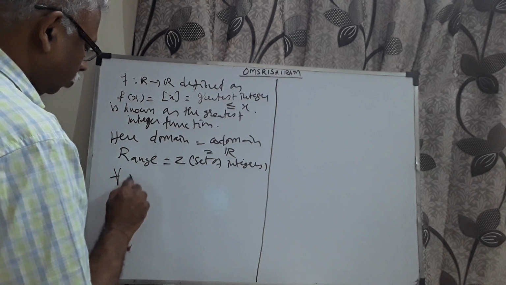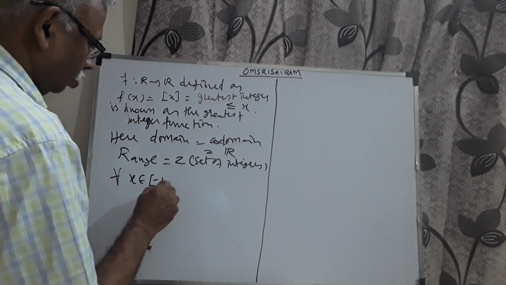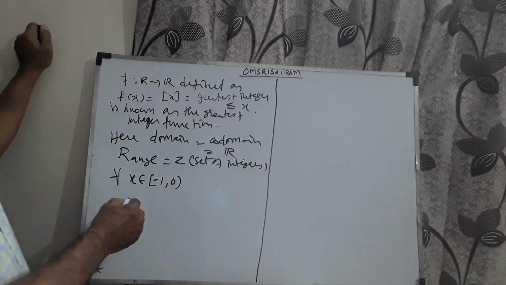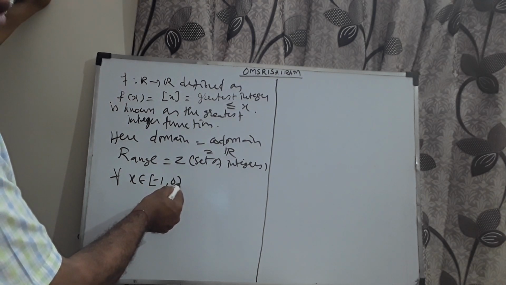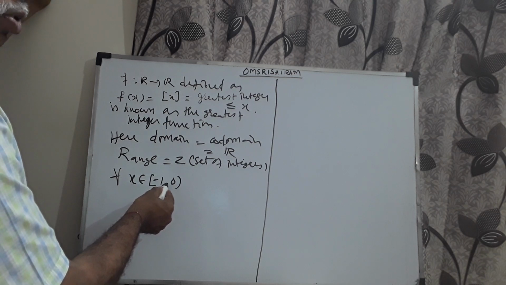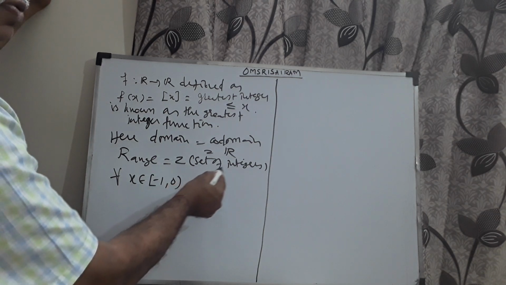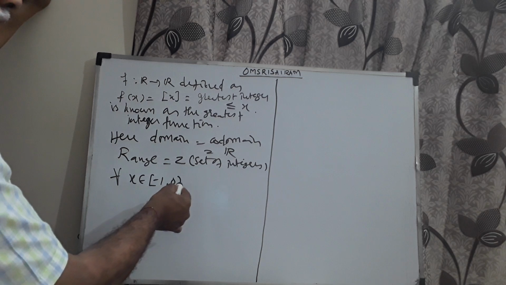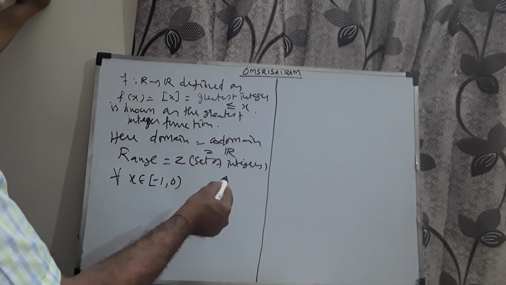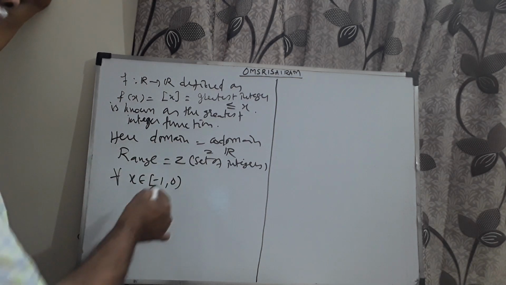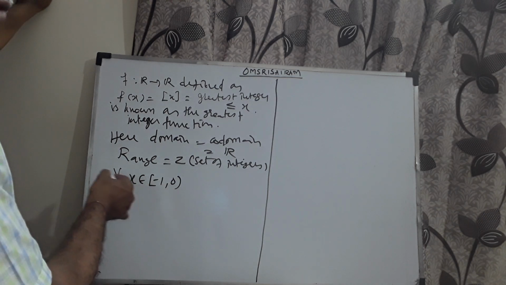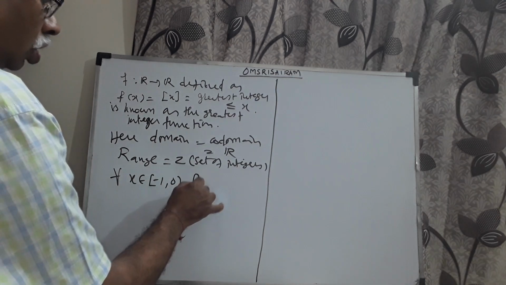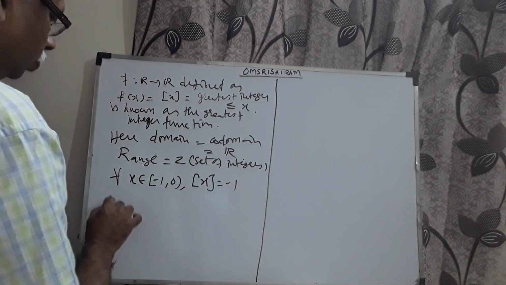Listen carefully. For every x, let us say between -1 and 0, inclusive -1, exclusive 0. For -1 as well as minus 0.99, minus 0.98, etc., nearer to 0, which is minus 0.001, etc., there are infinitely many integers below that. What are they? -1, -2, -3, -4, etc. Out of which the greatest integer is -1.